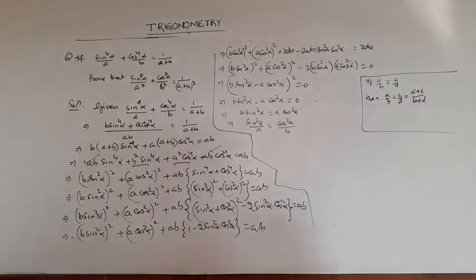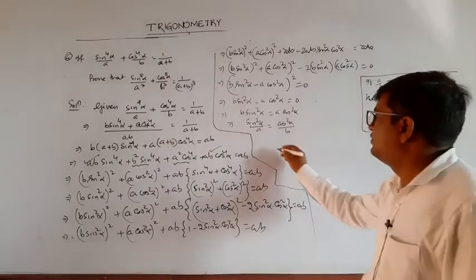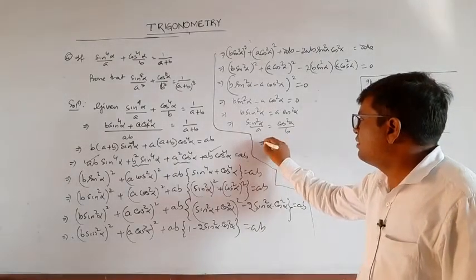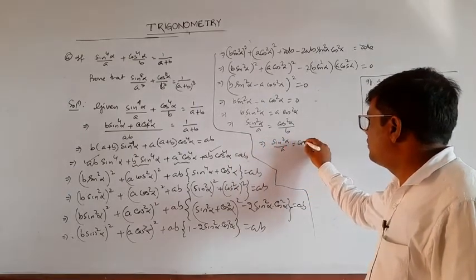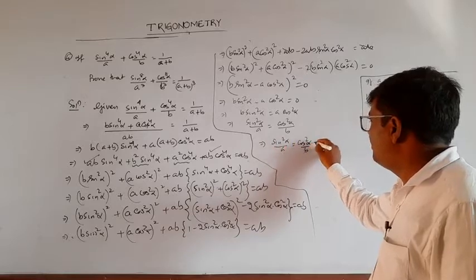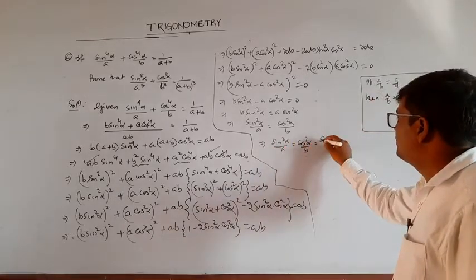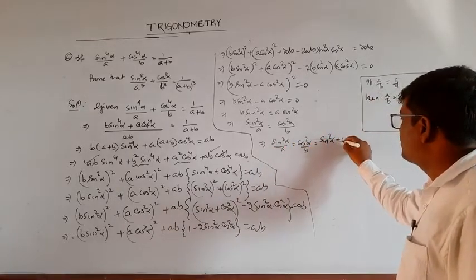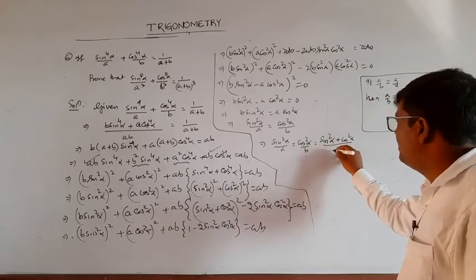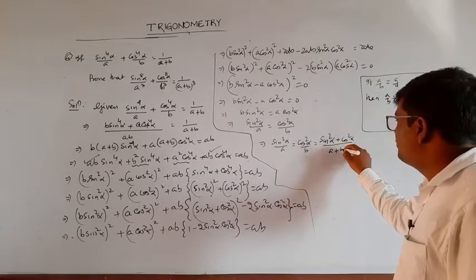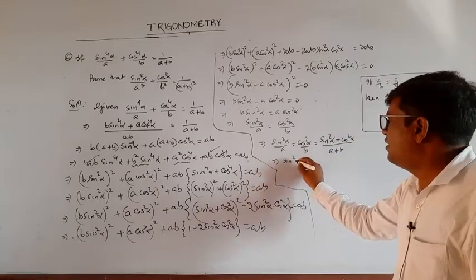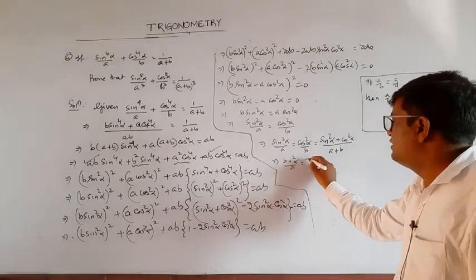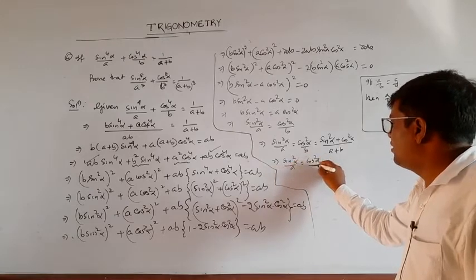So by ratio and proportion, sin²α by a is equal to cos²α by b is equal to (sin²α plus cos²α) divided by (a plus b).